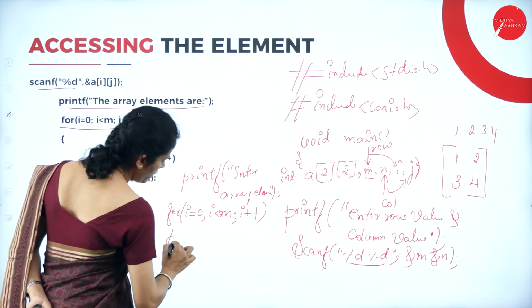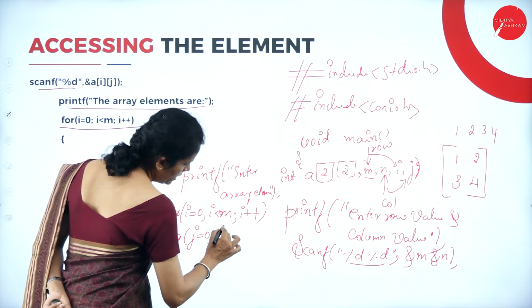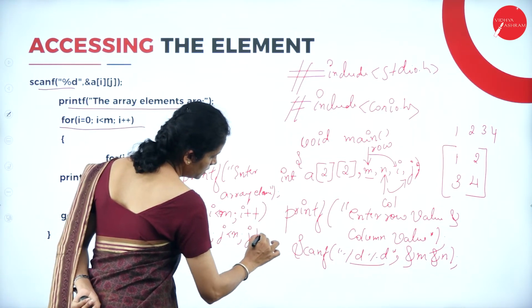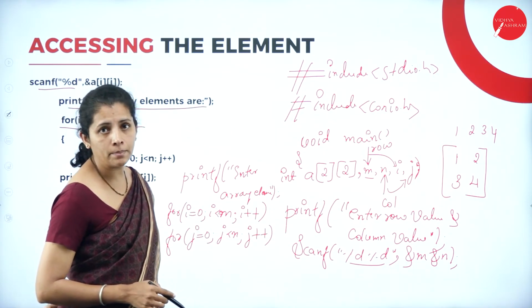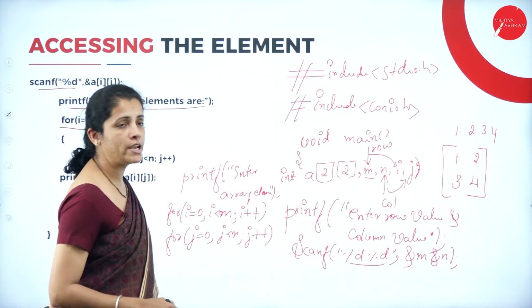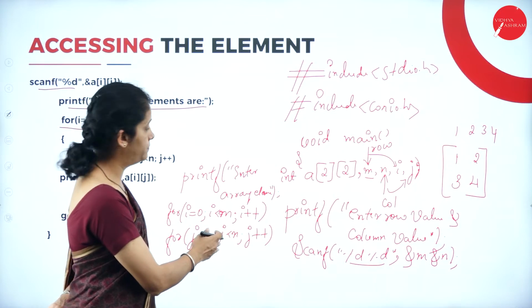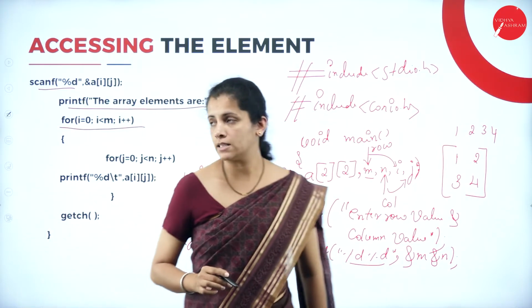Now for j equal to 0, j less than n, j plus plus. Now tell me what is m here? m is nothing but row, and what about j? j is nothing but my column. So it is my column index and this is my row index.